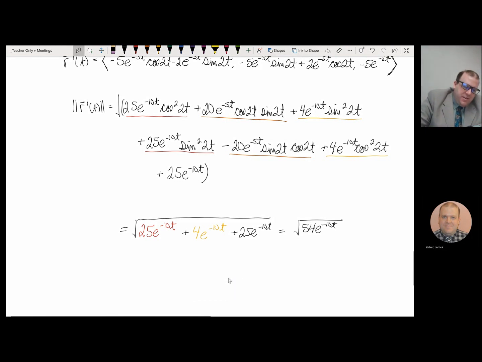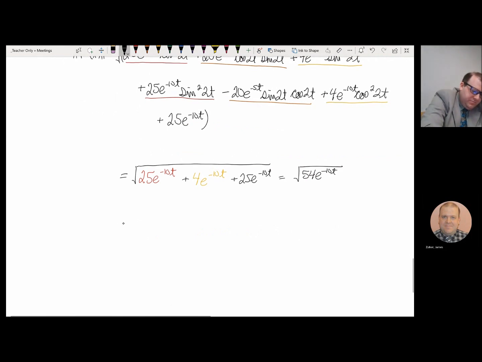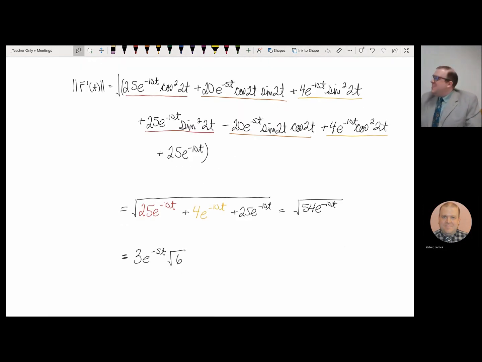Square root of 54e to the minus 10t, right? 54, 6 times 9. So I'll simplify to 3e to the minus 5t root 6. So that hideous looking magnitude turned out to be something very simple.